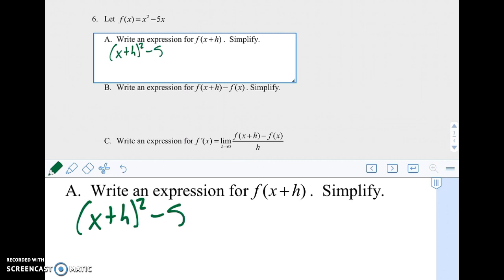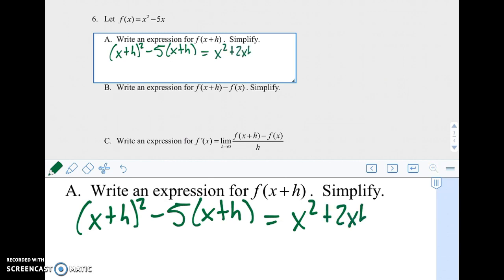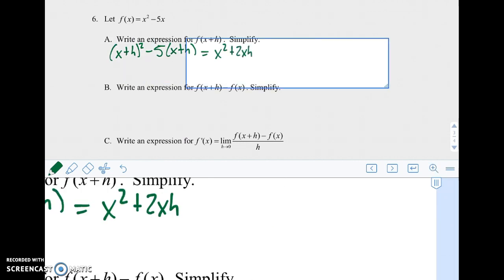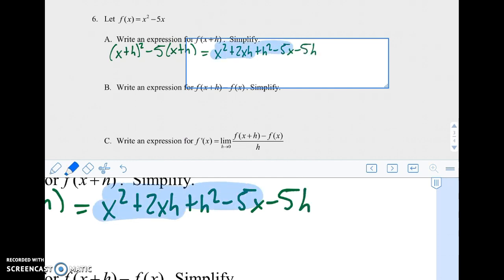And you're going to subtract, instead of 5x, 5 times x plus h. And if you work this out and simplify it, this will all come out to be x squared plus 2xh plus h squared minus 5x minus 5h. Right? It's a lot of terms, it's a lot of stuff, but what's going to end up happening is things are going to cancel away and you won't have to work with quite so much stuff.